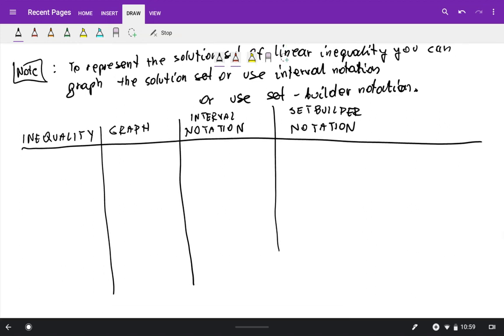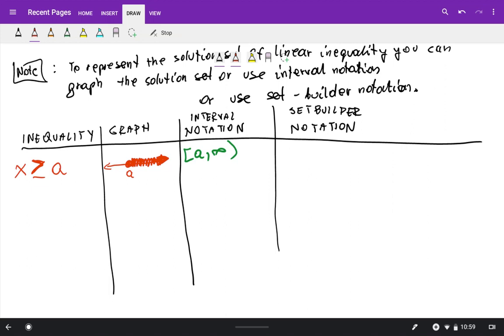So the first one, the inequality will be x greater than or equal to a. So we already talked about how to graph it. We're graphing a, we're including a as a solution, and greater means that we're shading everything to the right side, because the inequality matches the direction of the number line. Now, interval notation will be bracket a to positive infinity. So that bracket means that we are including a, so all the numbers from a to positive infinity, including a.